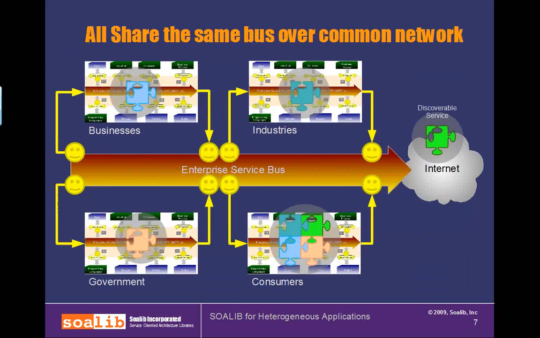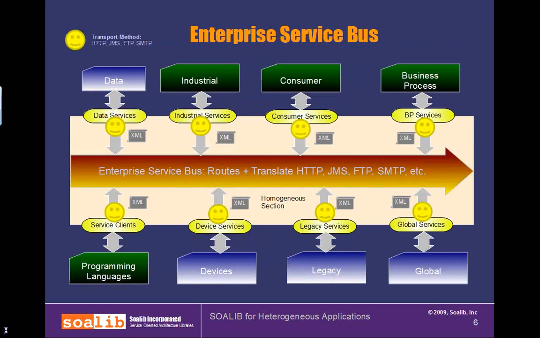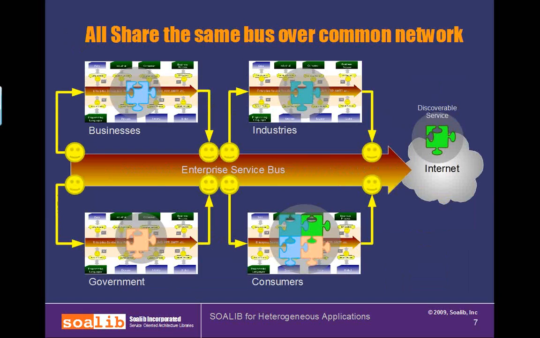Now all share the same bus over a common network. So in this slide, you can see that the entire previous slide is now scaled into small boxes. There are 4 small boxes which represent 4 such enterprise service buses, which are now tied to another common enterprise service bus, and they can be the same enterprise service bus.